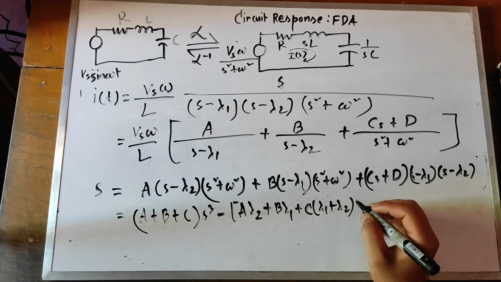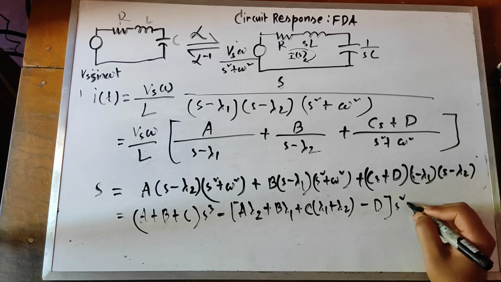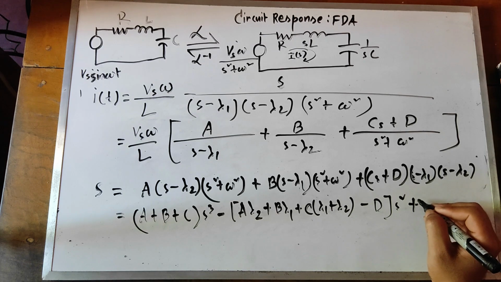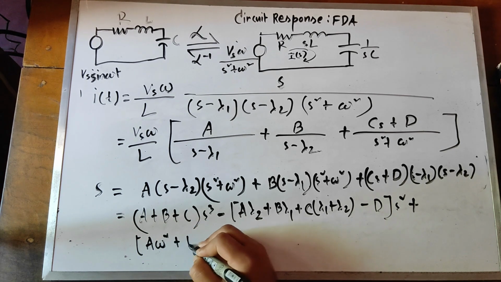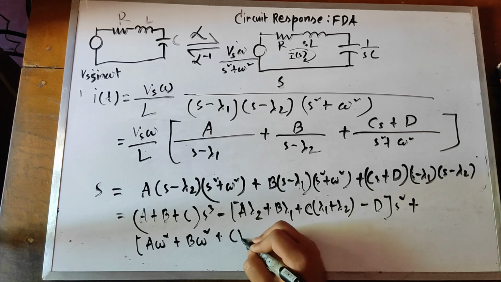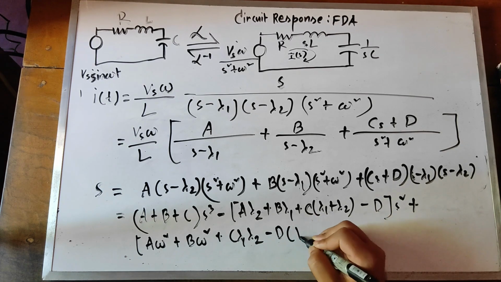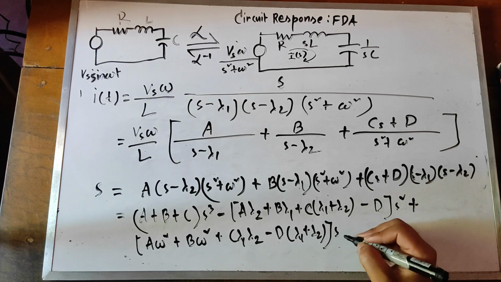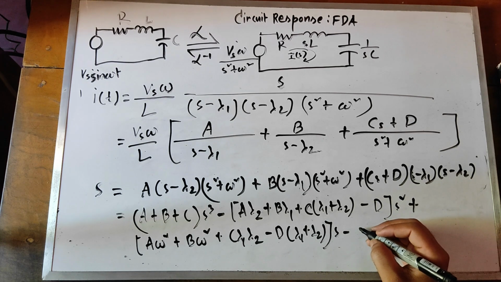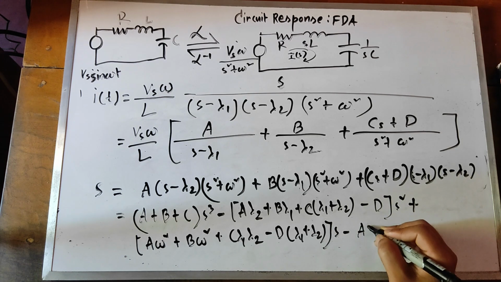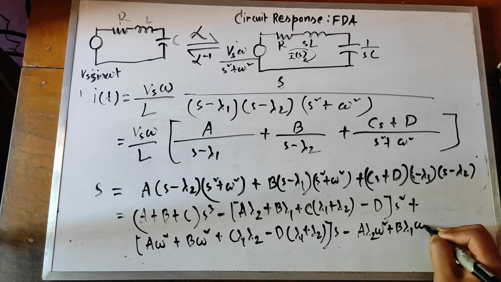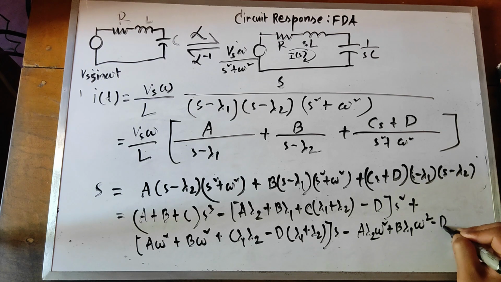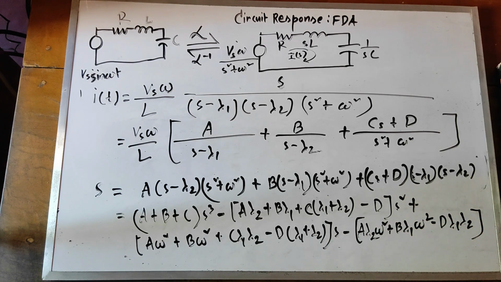Lambda 1 and lambda 2 are eigenvalues, interestingly. So s square, plus A, then, so basically this is the rearranged form.